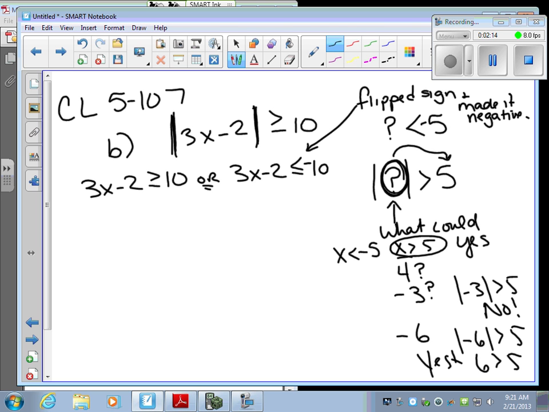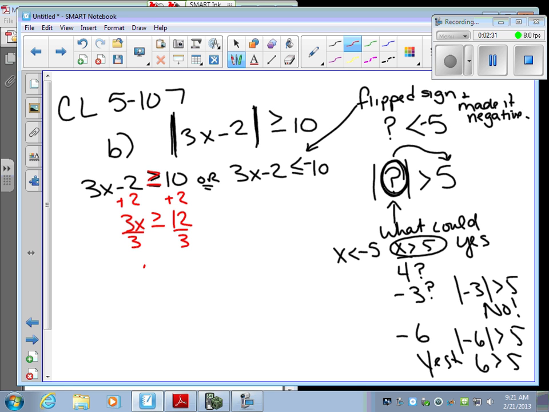Now you can just pretend that's an equal sign, even though it's not. Keep it a greater than or equal to, and solve like normal. This is just like normal algebra, only with a greater than or equal to symbol.